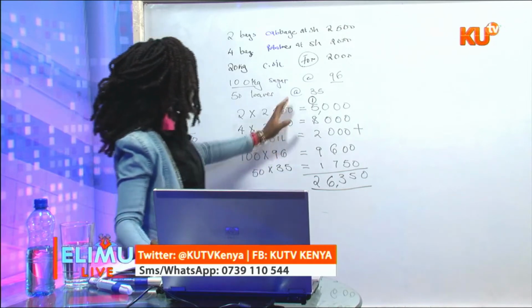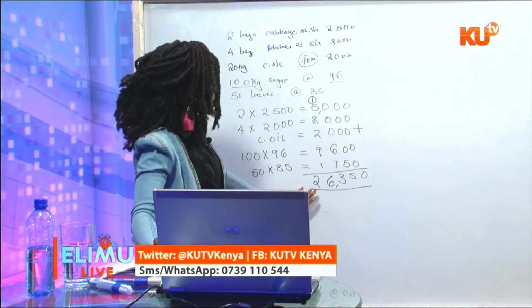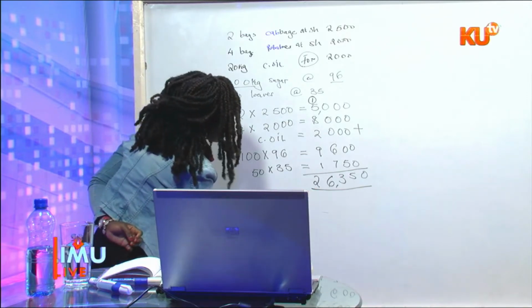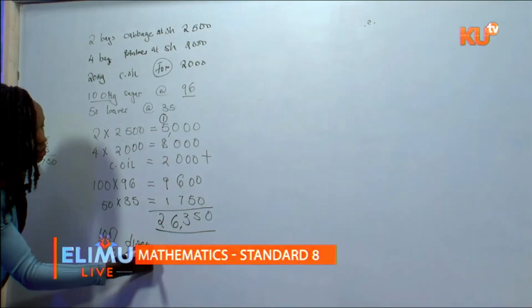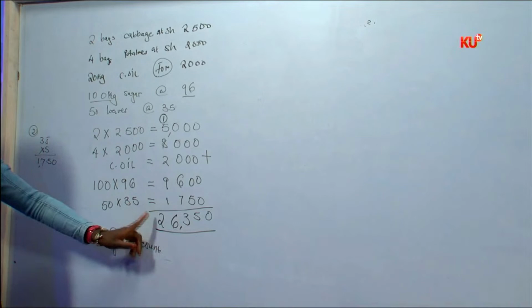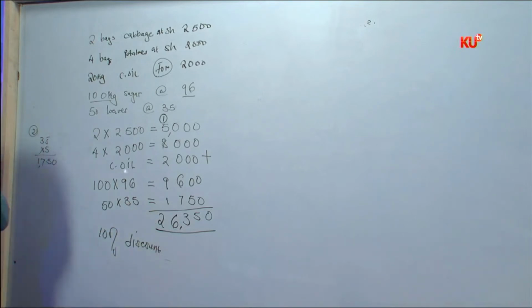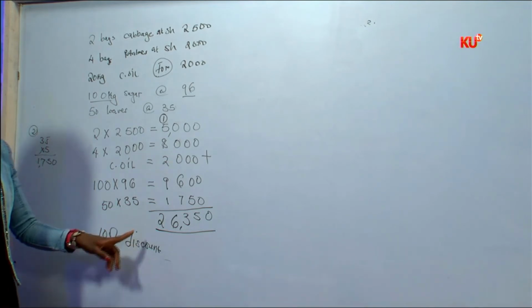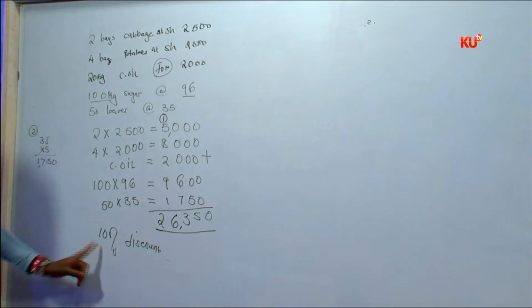So this was the total amount of money that he was supposed to pay, but he was given a 10% discount. If he was given a discount of 10%, it means that he paid 90%. So first you get the discount.